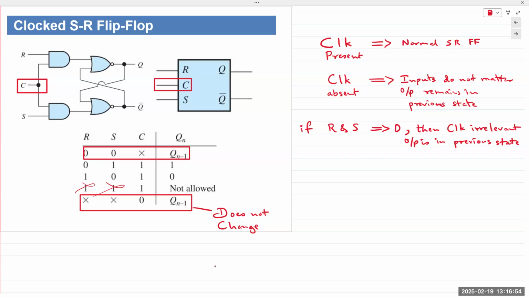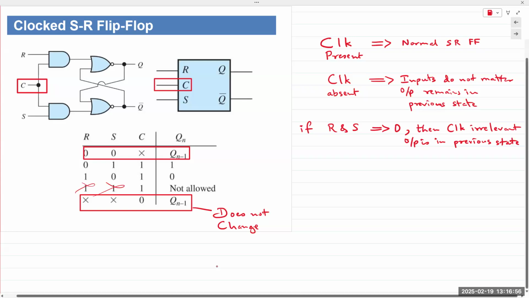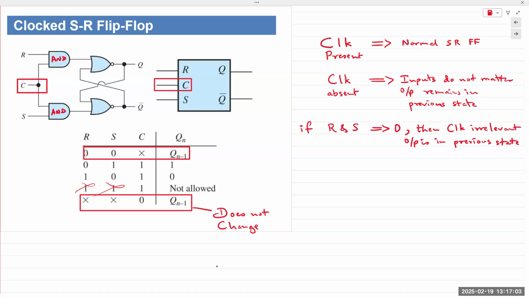All right, so let's see how it works. You have an AND gate, and one input of each AND gate is connected together, and we refer to that as a clock signal. For an AND gate, if one of the inputs is low, meaning 0, the output will always be 0.